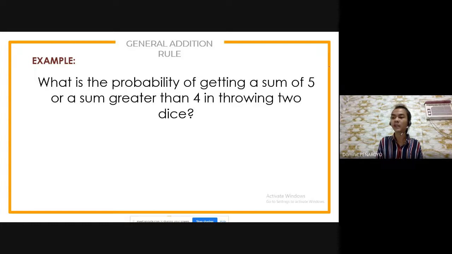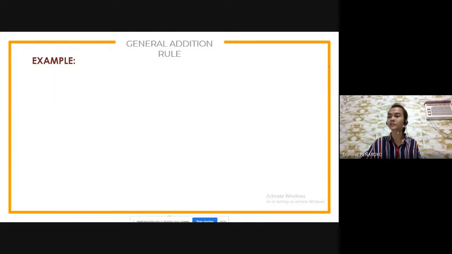The second event is a sum that is greater than 4 in throwing 2 dice. So first, let's go back to our listing doon sa ating sample space para mas maliwanagan tayo.